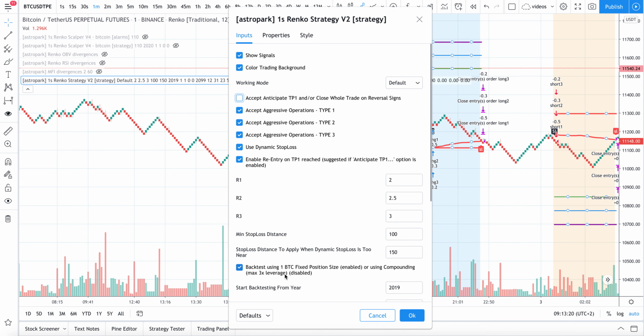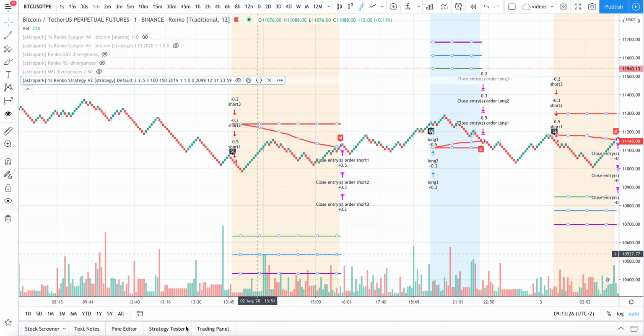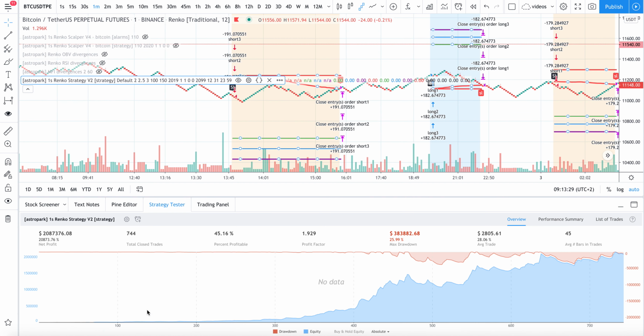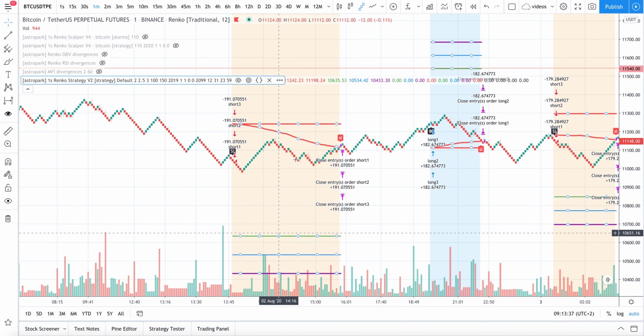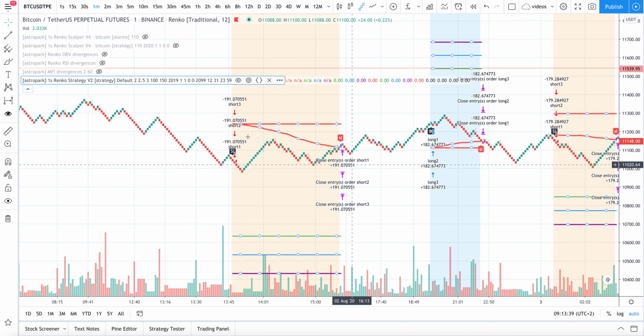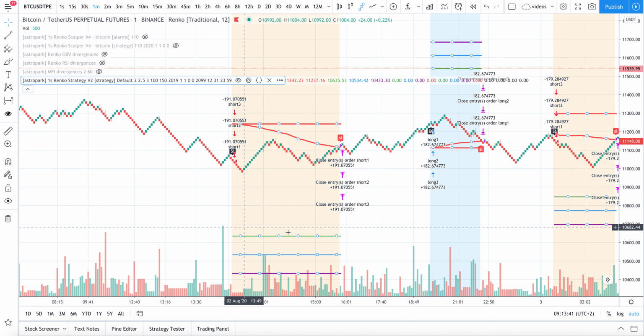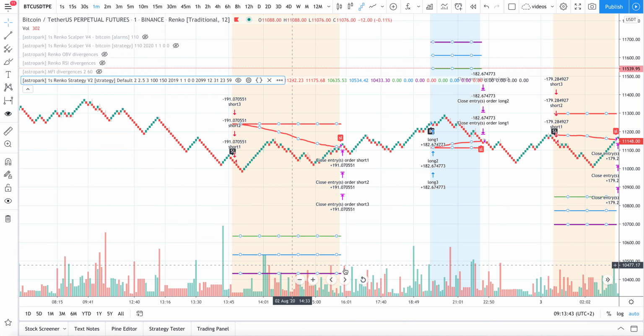This is, for example, fixed position sizes, or you can compound it. Okay, in this case you have something similar to the Renko Scalper. And so in this case you have a stop loss, take profit levels 1, 2, 3, and a dynamic stop loss. So here was a stop loss in here.